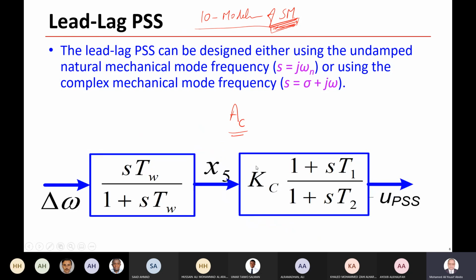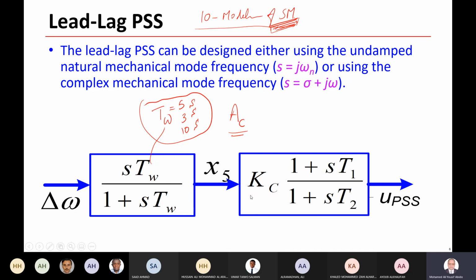So how to design means how to find the gain and the time constants T1 and T2. The TW, as we will see in a few minutes, will be set arbitrarily high, like 5 seconds or 3 seconds. Sometimes you have it 10 seconds, and this is constant, and we will see why we have such a high time constant compared to T1 and T2.